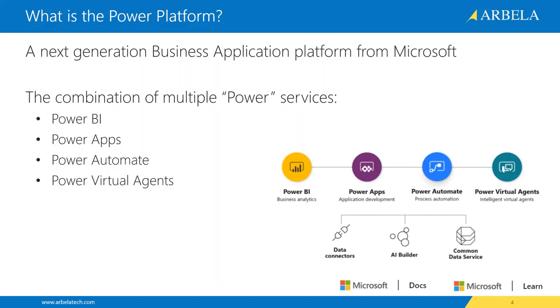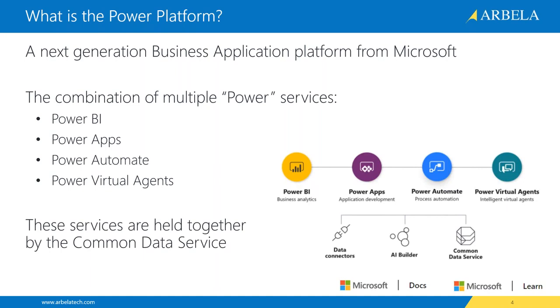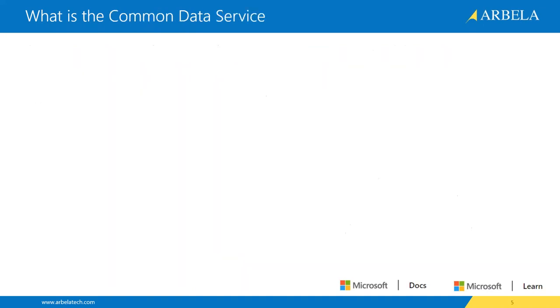Those services rest on top of the Common Data Service and two of its core features, which are AI Builder and Data Connectors. And the Common Data Service itself as a whole is really the glue that holds the Power Platform together. So what is the Common Data Service?